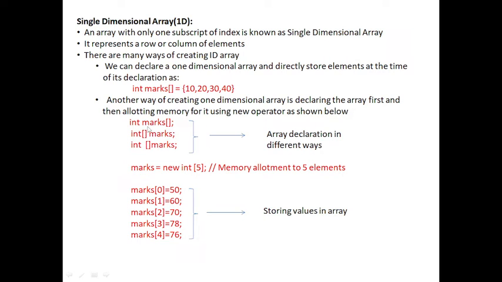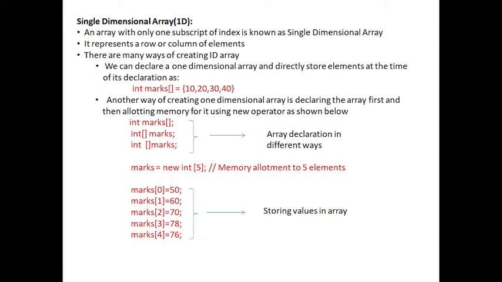This is one way of declaring. Another way is that the subscript of index symbol is written after the data type int. In the third way, the subscript of index is written just before the name of the array. So these are the different ways to declare the array.